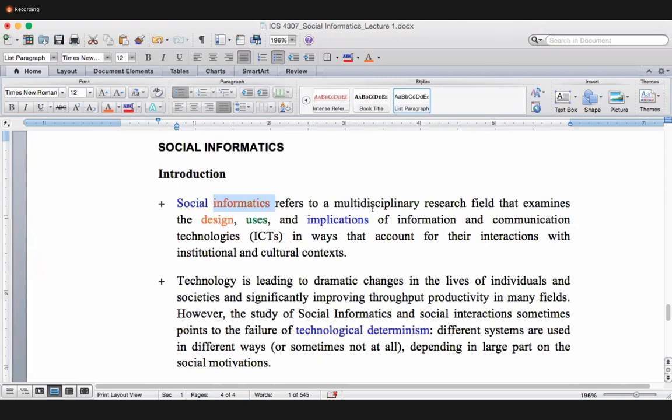So we are really looking at the implication of technology in the lives of people. And in that particular case, we will be reviewing and trying to analyze what we are calling the design, the uses, and the implication of the technology.